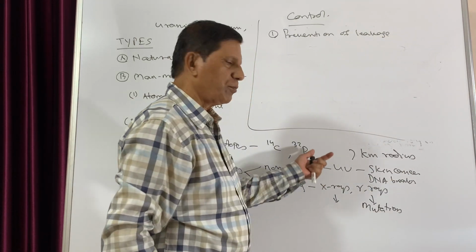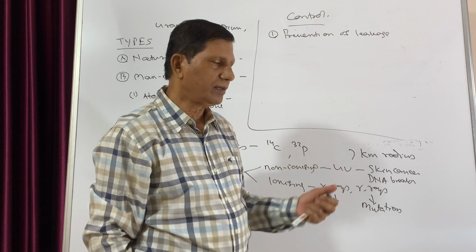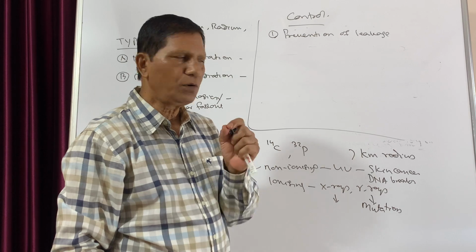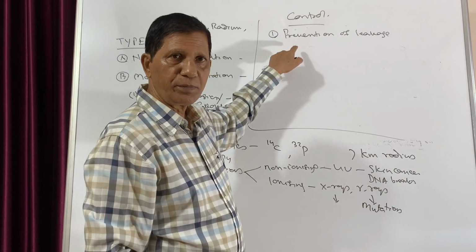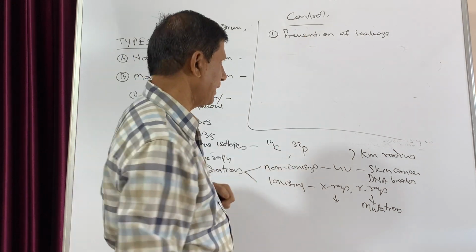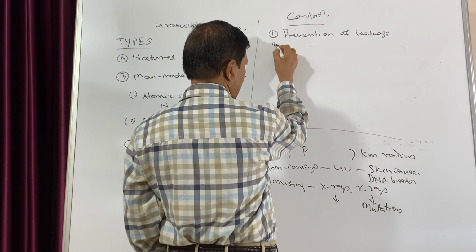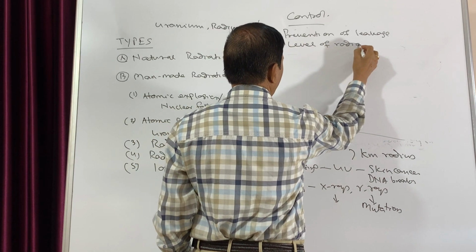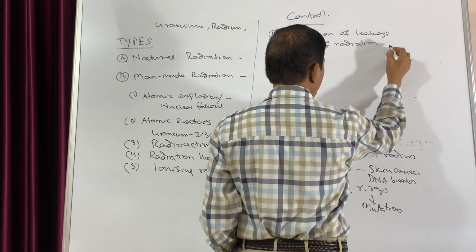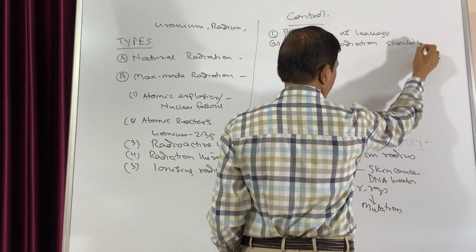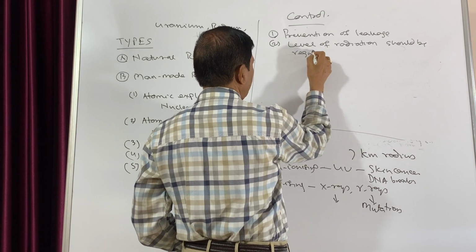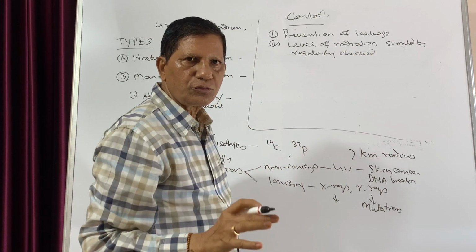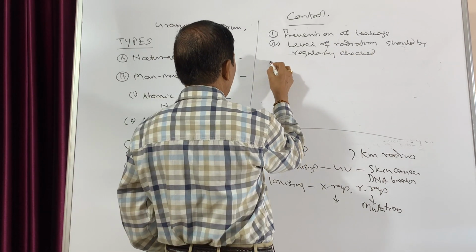That means in both Chernobyl and Three Mile Island, we have seen that the radioactive isotopes leaked. So we have to take all the prevention measures so that there is no leakage. Then the second one is that the level of radiation should be regularly checked. Whether there is actually leakage or not should be constantly checked. That is one type of control.